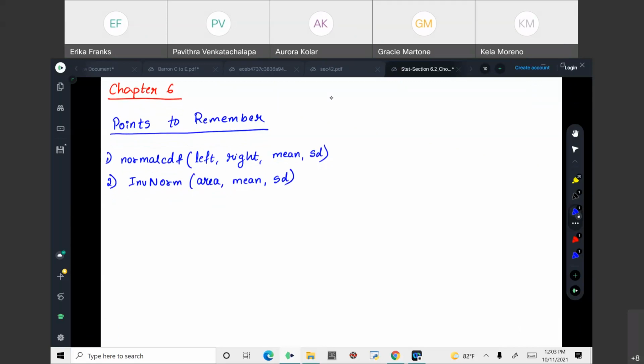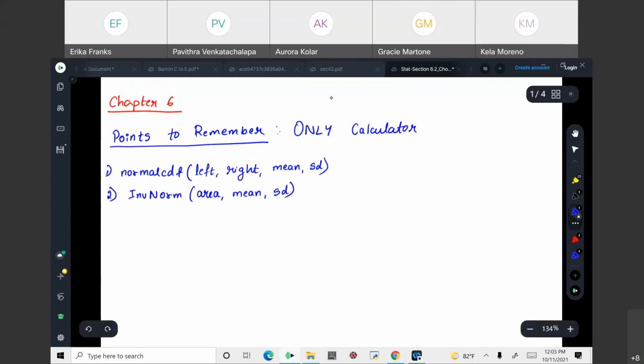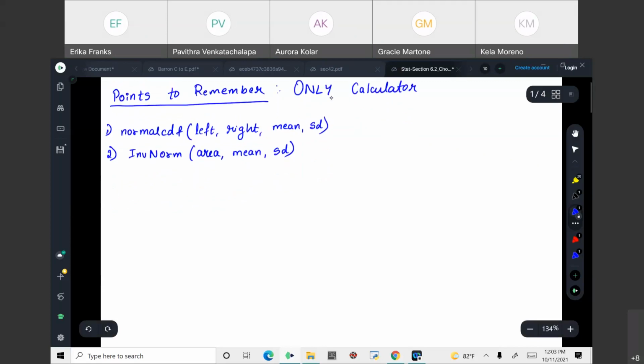This is only if you are using a calculator. If you're finding that finding z-scores from the formula is hard, then you can use the calculator. Now that we know what formulas we have to use, we will see how to use this.